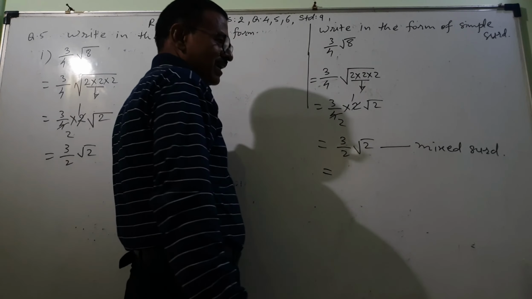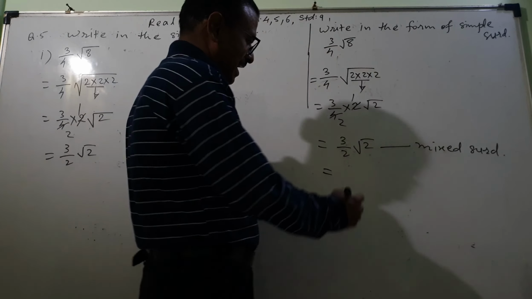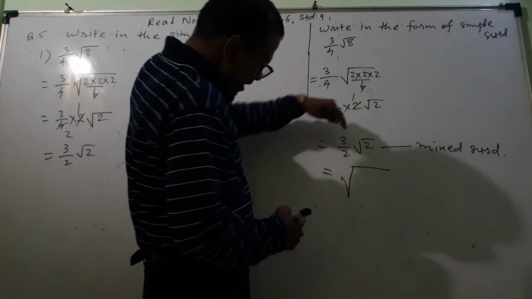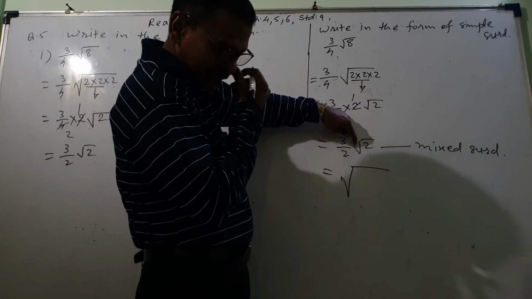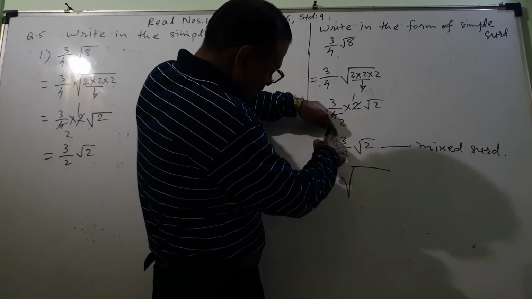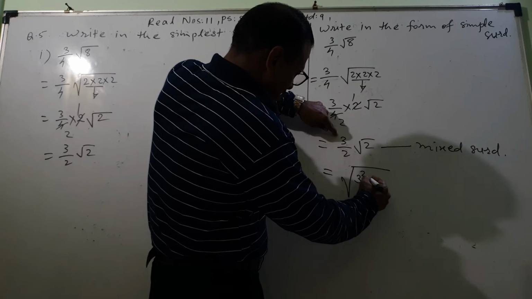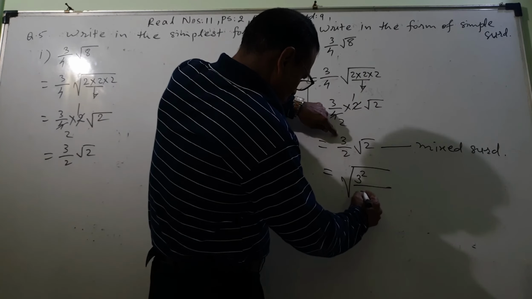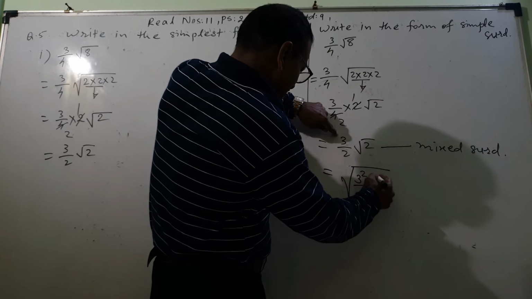I have to make it a simple surd, means everything should be inside. So while taking out here, it is 2. Here it is not written. So the same here, the index I have to give, 3 square. This I will also take 2 square, and this 2 is inside.